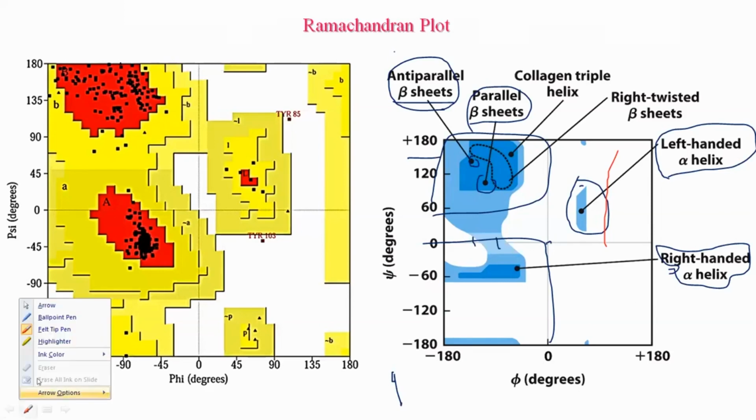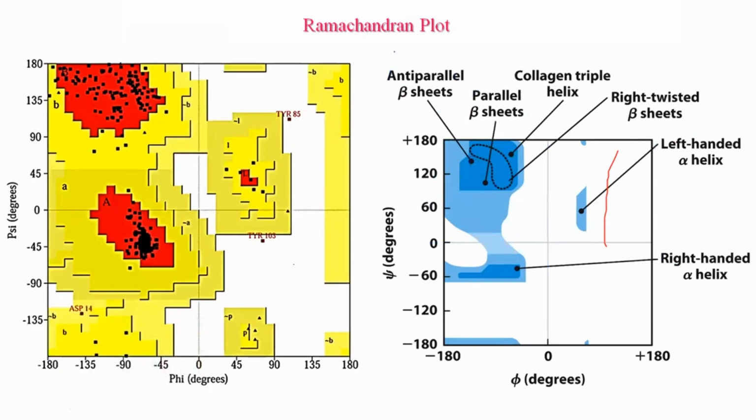If more than 95% of residues are present in the allowed regions, we can consider that model a good model.